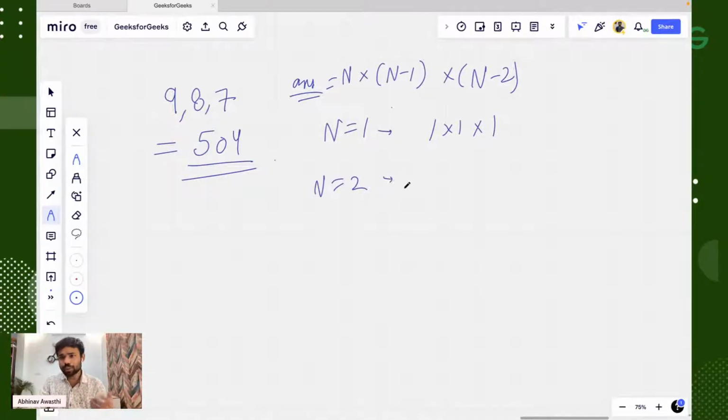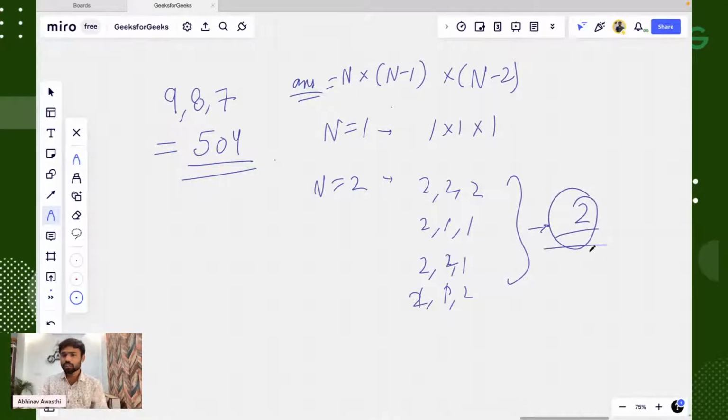And for 2 also the possible solutions are 2 2 2, or we can take 2 1 1, or we can take 2 2 1, or 2 1 2. Any of the solutions will give us LCM of 2 only. So if n will be 1, please try to understand this thing, okay? And if it is not clear, please ask. If n will be 1, our answer will be 1 only. If n will be 2, the answer will be 2 only.